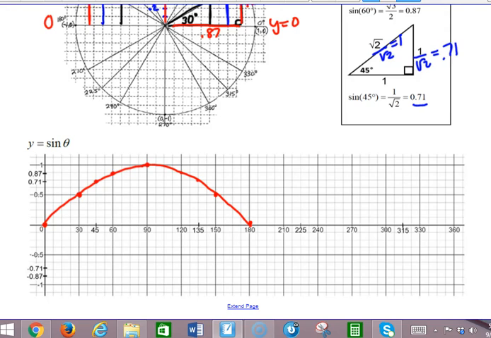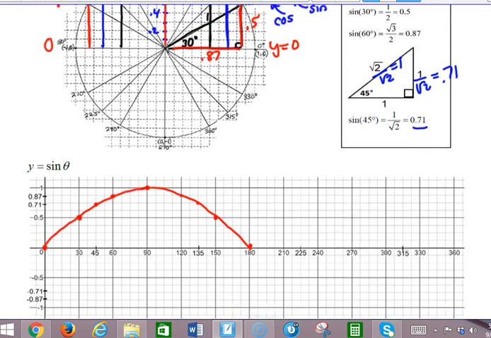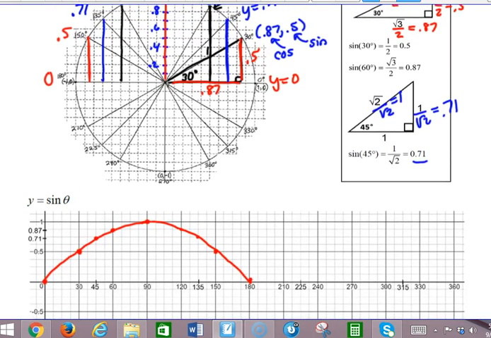Now when we get to quadrant 3, we have the same numbers, but they're all negative. So we have negative 0.5, negative 0.71, negative 0.87, and we culminate at the bottom at negative 1.